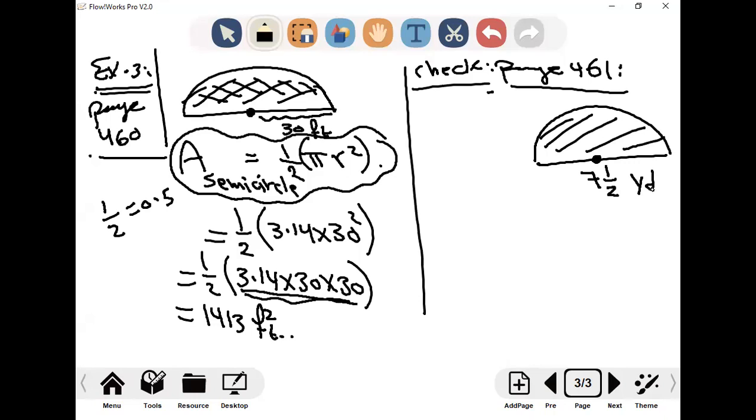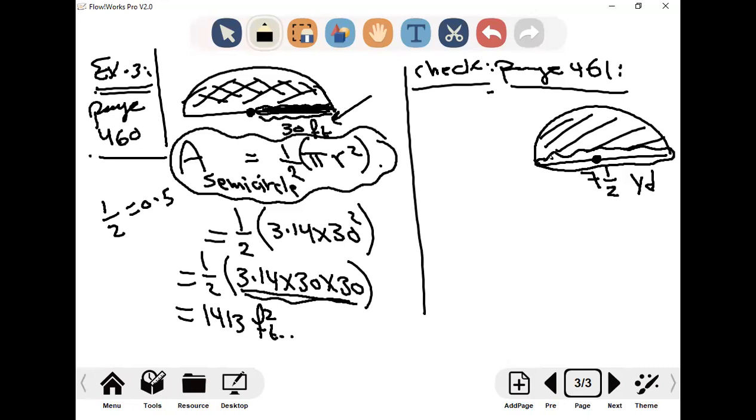Better. This is the diameter. Why the diameter? Look here. If they put the number on this part, they mean the radius. But if they put it at the middle, they mean the whole diameter. Got it? So I have the diameter here in this check, not the radius.